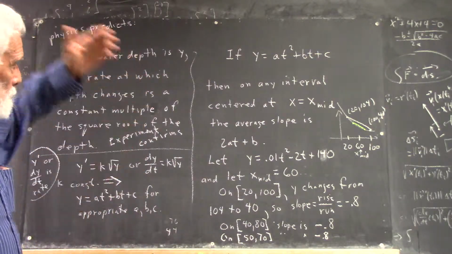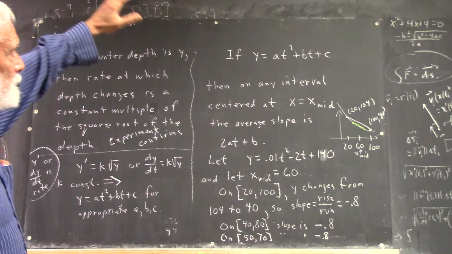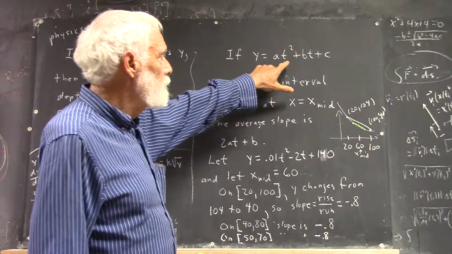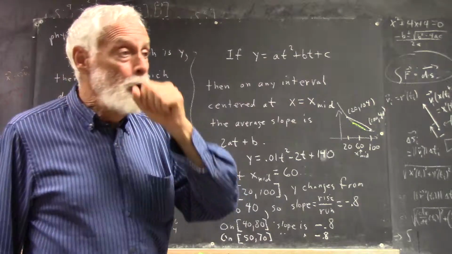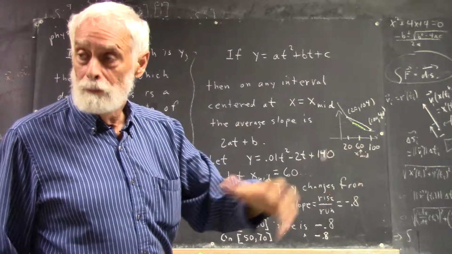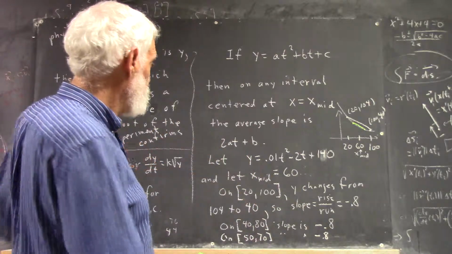So we're just going to see maybe what this means. Now, I'm going to say if y equals at squared plus bt plus c, I'm making an assertion here. We're not going to prove it, but we have spent the time and we've made it very plausible.